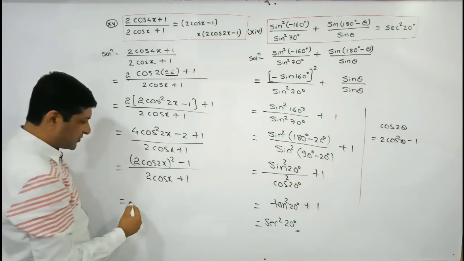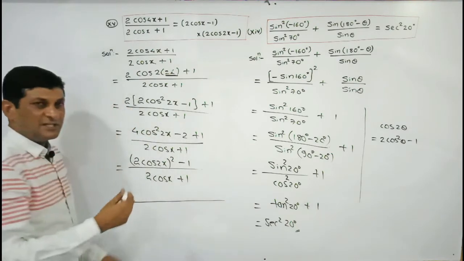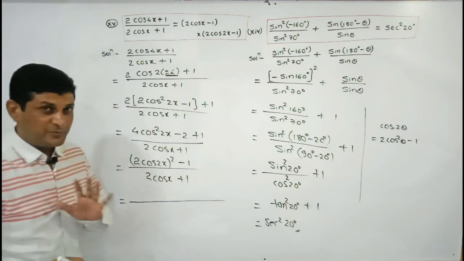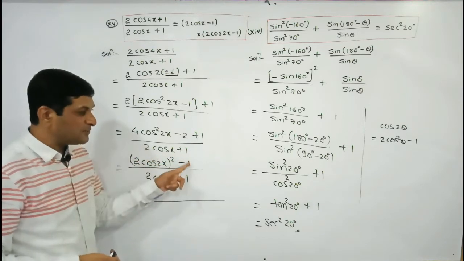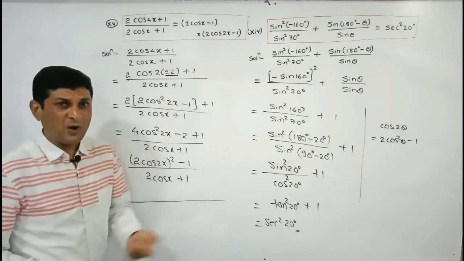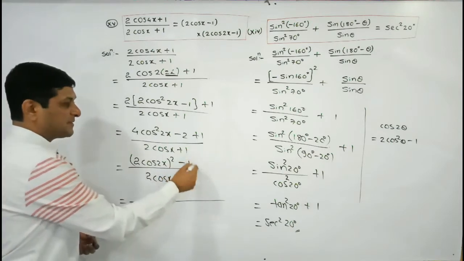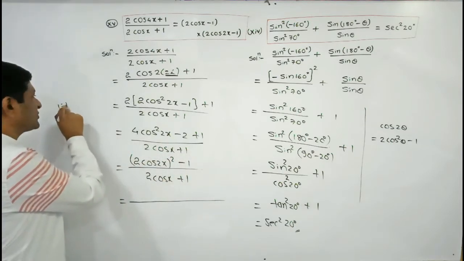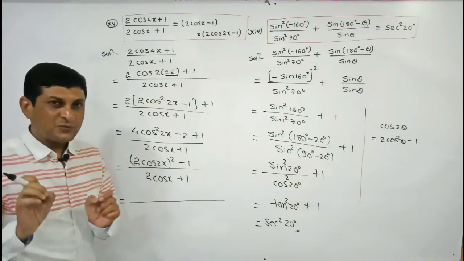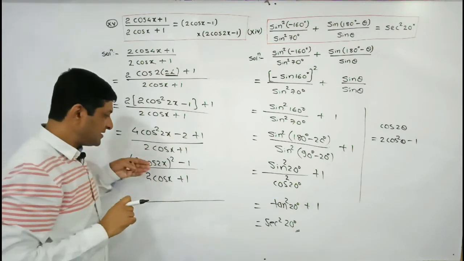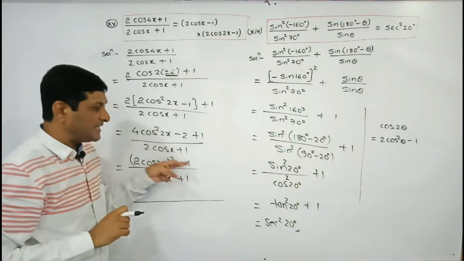So now if you observe the terms in the numerator very carefully, is it in the form of a square minus b square? 1 can be considered as the square of 1, because we know that the value of 1 square will be equal to 1. Means we can say that this numerator is in the form of a square minus b square.